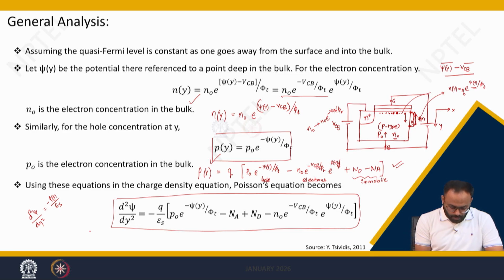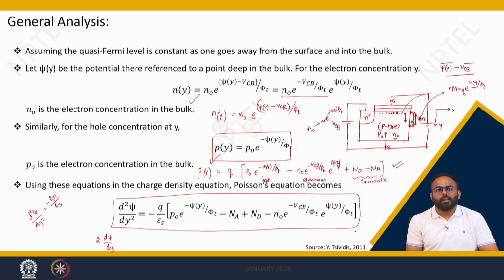To solve this equation, you multiply by 2 times dψ/dy on both sides and integrate, considering a dummy variable y.